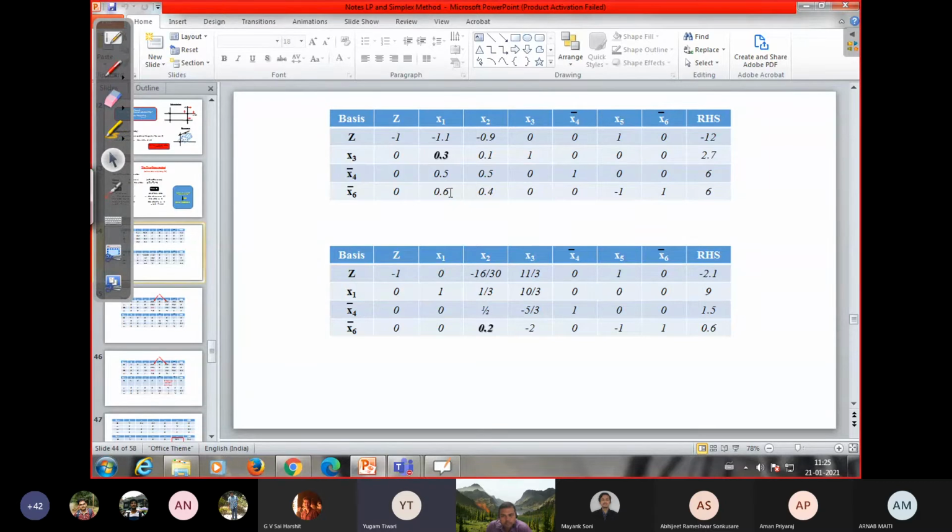Sir, we have 3 equations, so we can calculate after setting the values. No, look at this table. This is the table given to you, the simplex table. I'm asking in this table, what are the values of x3, x4 and x6? Where is it written?